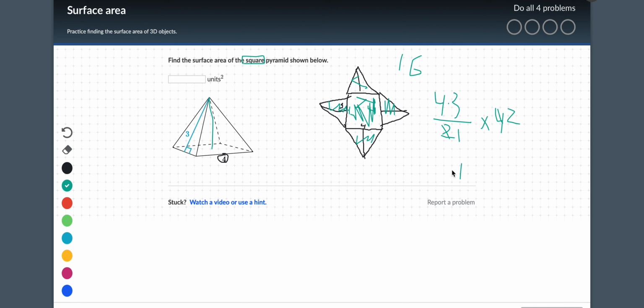So now we have 4 times 3 times 2. And 4 times 3 is 12, times 2 is 24. So we add that to the 16 found here, and we get our answer of 40 units squared.